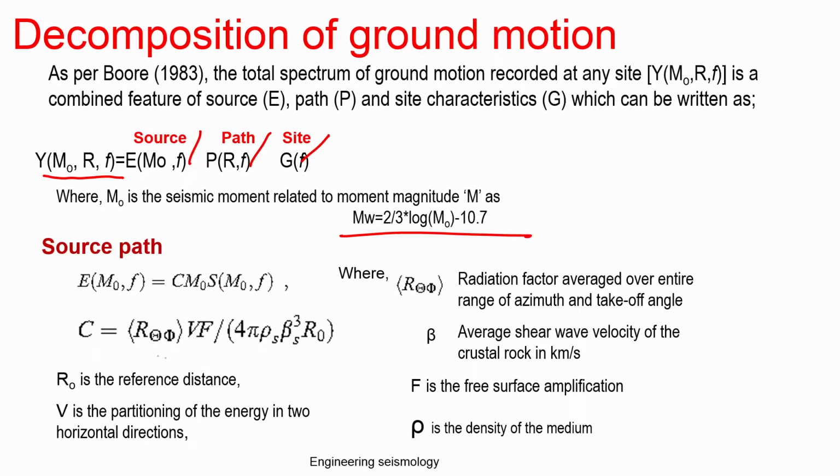The C depends on R naught, the reference distance; rho V, the partitioning of energy into two horizontal directions; R, the radiation factor averaged over the entire azimuth; beta, the average shear wave velocity of the crustal rock, the velocity where the source ruptures; F, the free surface amplification; and rho, the density. By knowing these, you can solve this equation and get the source-related spectrum.